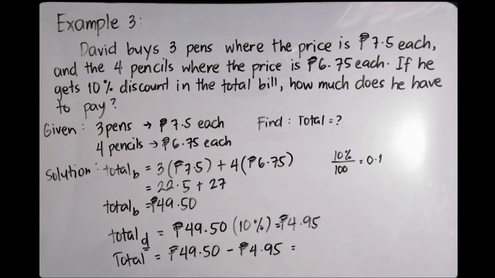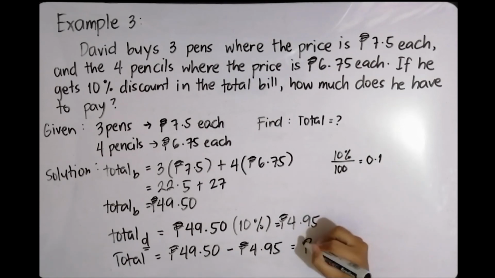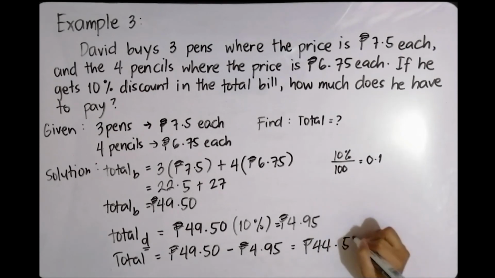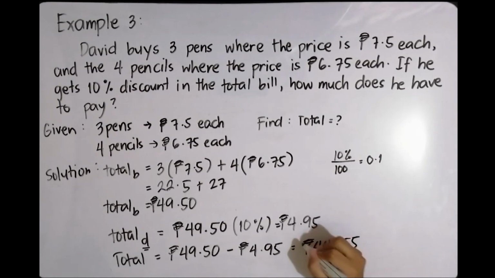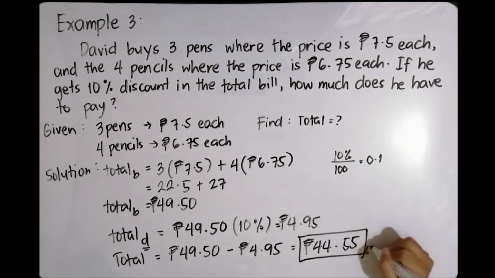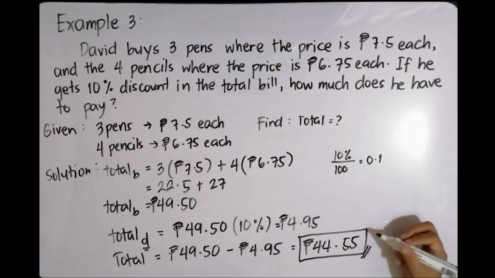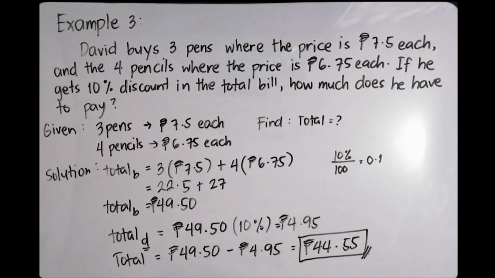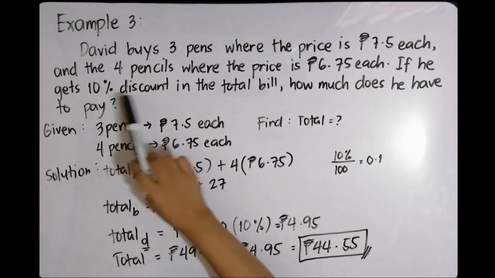So we have 44 pesos and 55 centavos. So this is the total value that David has to pay for 3 pens and 4 pencils, which has a 10% discount.